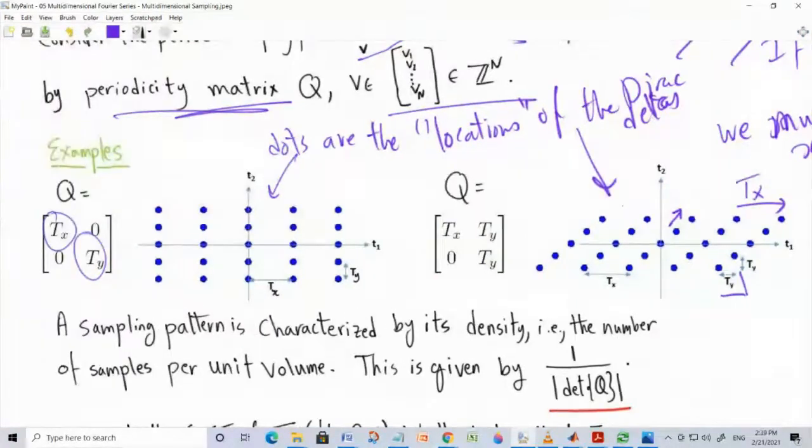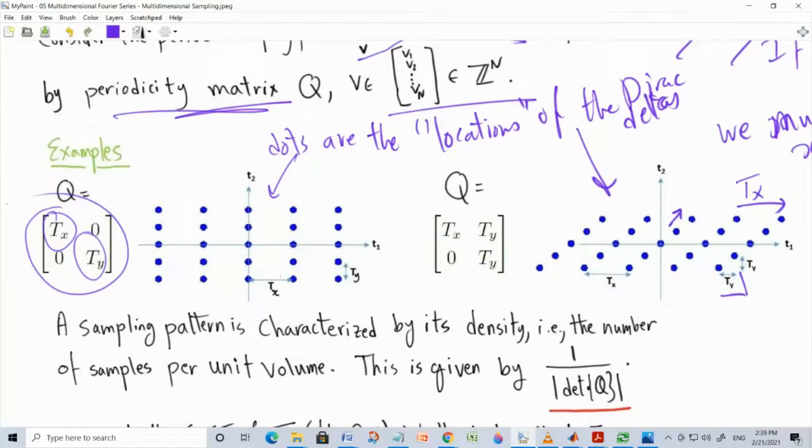In 2 dimensions, you can play with the locations of the Dirac deltas. You can do this, which is the easiest sampling pattern.